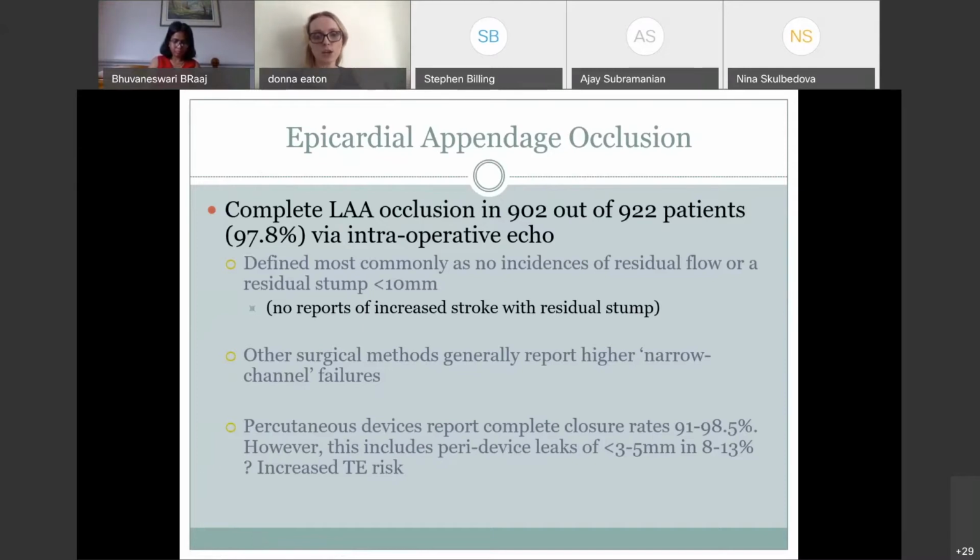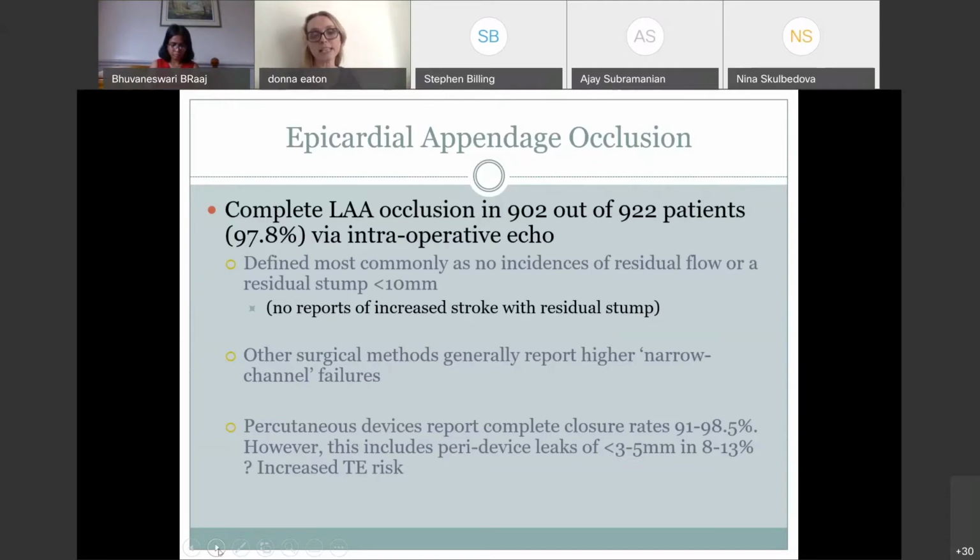There are actually no reports in the literature of an increased stroke rate with residual stump, and there probably isn't one because you've got a very wide base of the stump. Other surgical methods generally have a much higher narrow channel failure, with small gaps around the left atrial appendage where you still have flow.